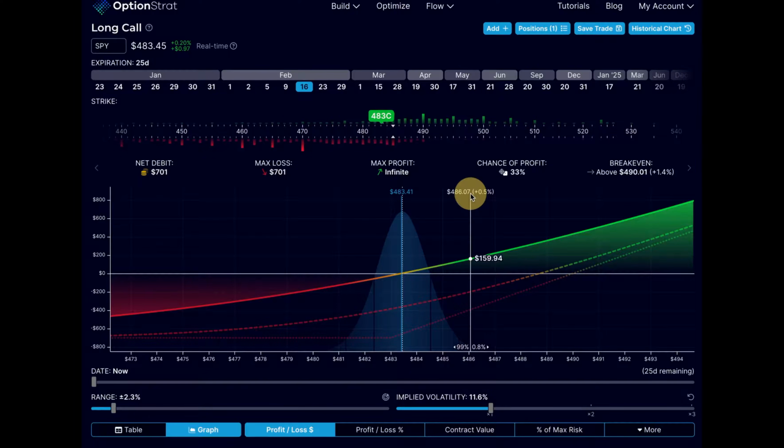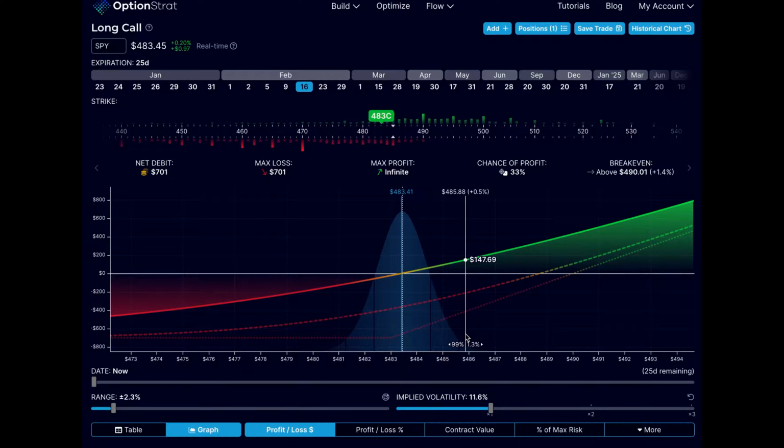And that would be a 0.5% increase. But in addition to that, down at the bottom here, it's showing me the percent chance of going above that point or below that point on this specific day.